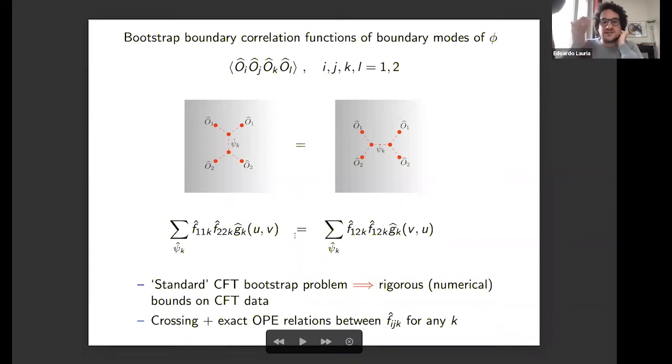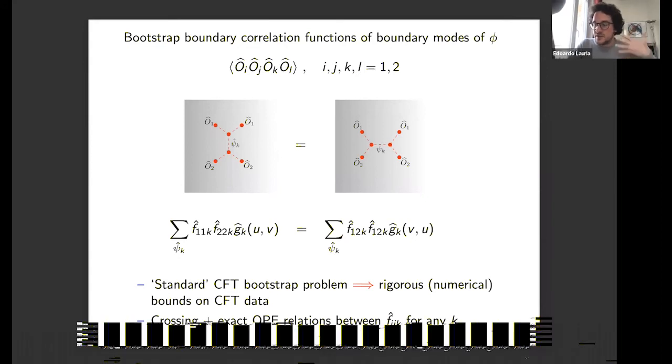I just want to emphasize that if we were only looking at some lower dimensional CFT, we would only have to solve these equations, where these OPE coefficients are all independent. Now, because we are actually looking at conformal boundary conditions, we know that all these coefficients cannot be independent from each other.